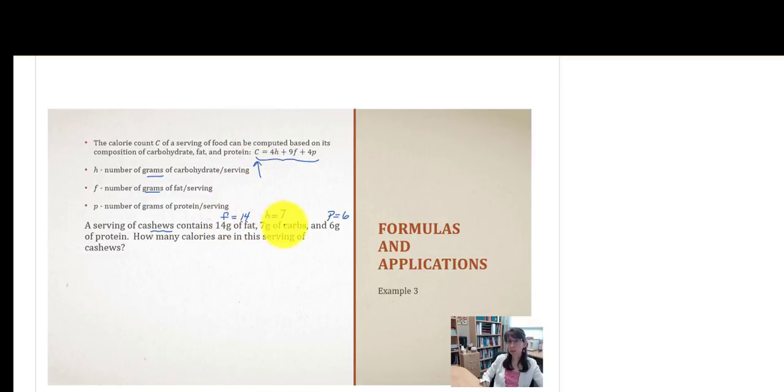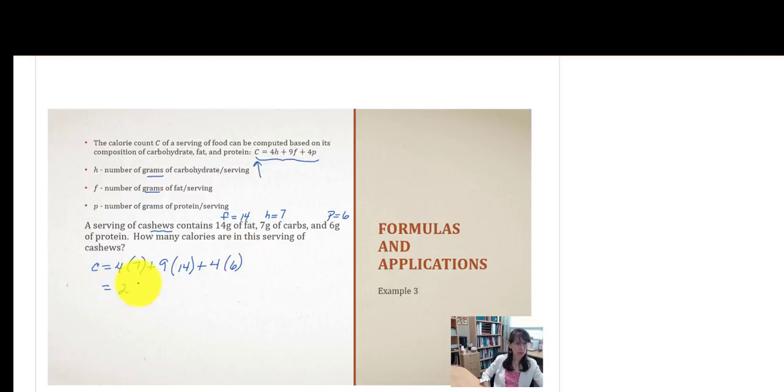But if we substitute these values into our literal equation, or our formula, we should be able to compute the calories. So the calories are equal to 4 times the carbohydrates, which is 7, plus 9 times the grams of fat, which is 14, plus 4 times the grams of protein, which is 6.